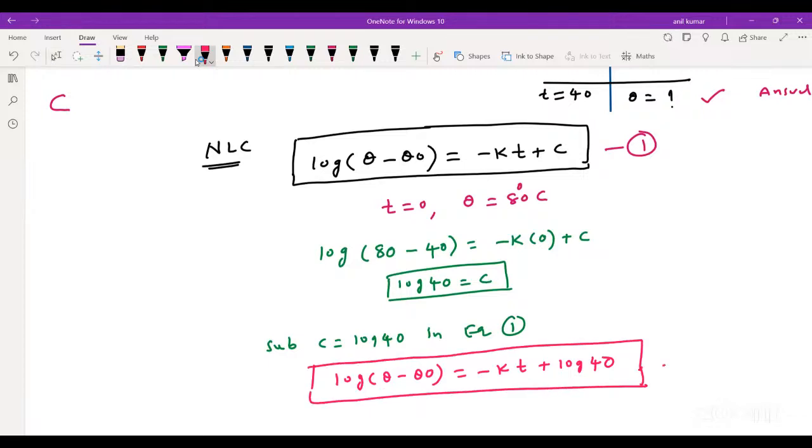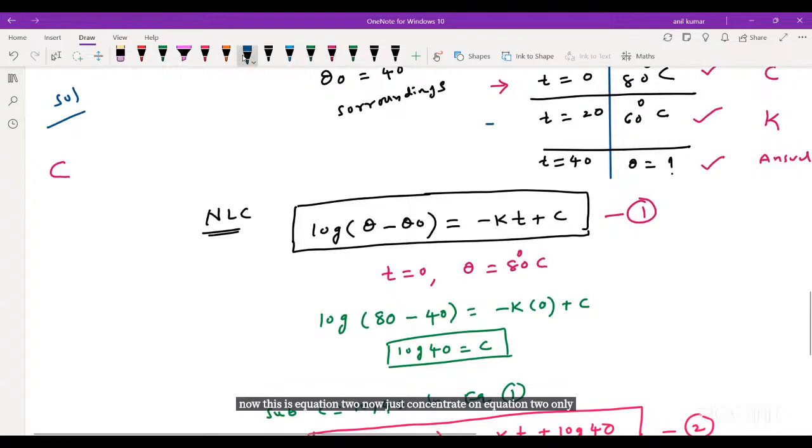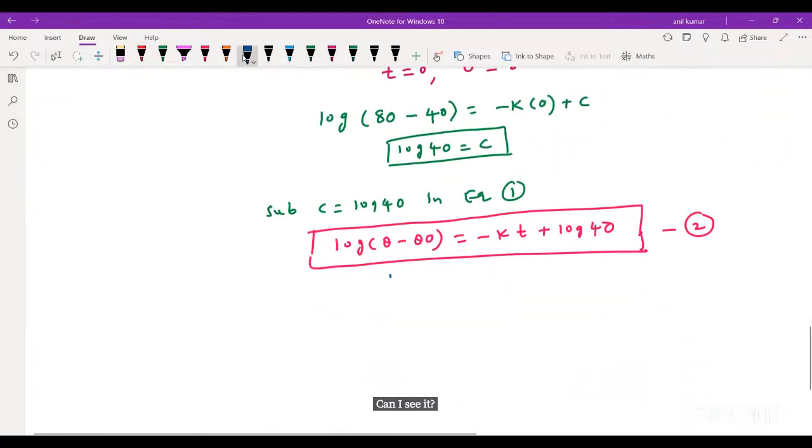Now this is equation 2. Just concentrate on equation 2 only. What is the second reading? Time, 20. Temperature, 60 degrees. Good. Theta naught is the surrounding temperature; this is constant and will not vary.